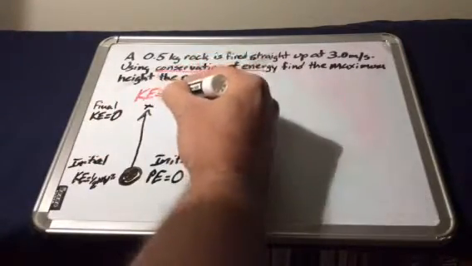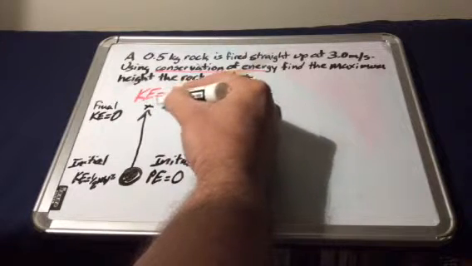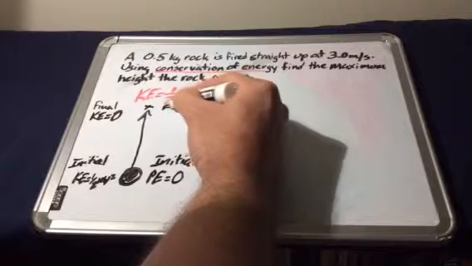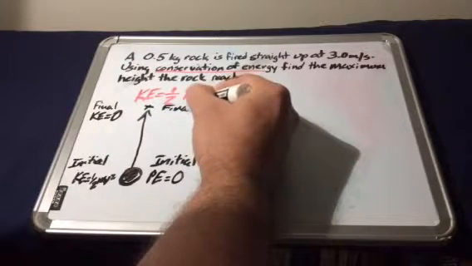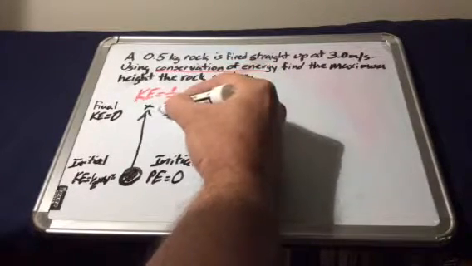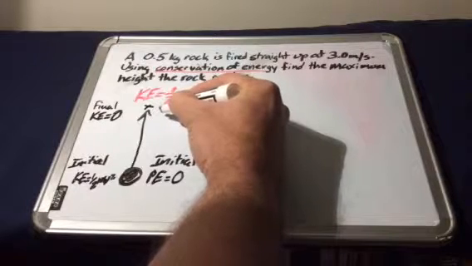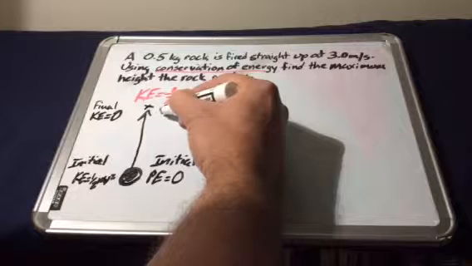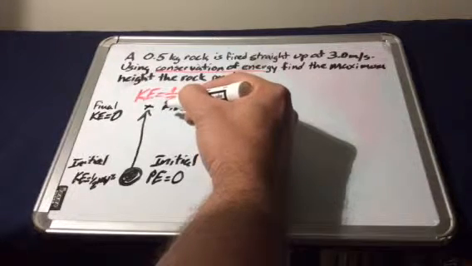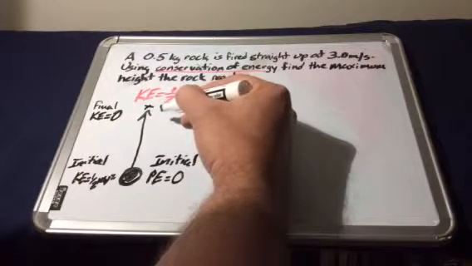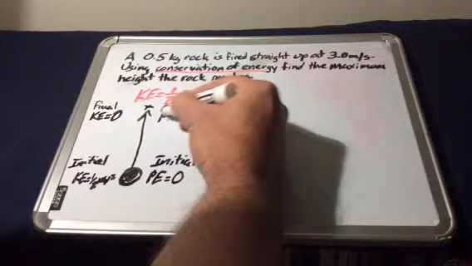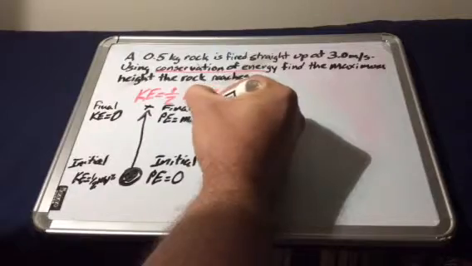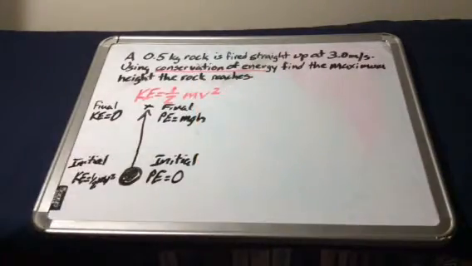At the top, when the rock stops moving, all the kinetic energy has been completely converted to potential energy. It's stored now because the rock is motionless and above the earth, so gravity is pulling on it. Our potential energy is given by mass times gravity times the height.